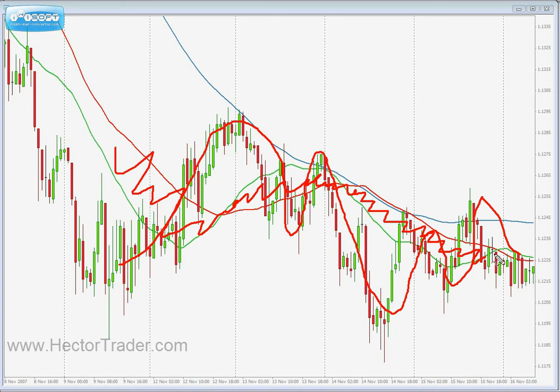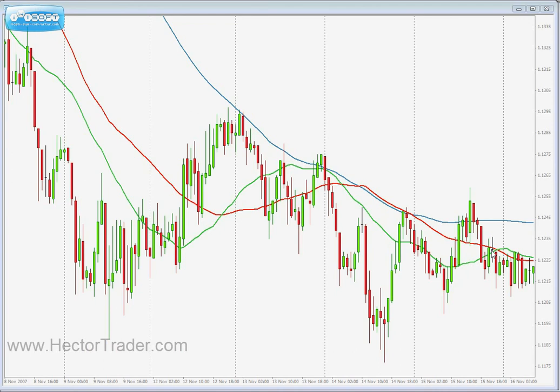Whenever you apply the principles I'm going to be showing you on this chart, make sure that first of all you are indeed looking at a trending market, a trending chart.